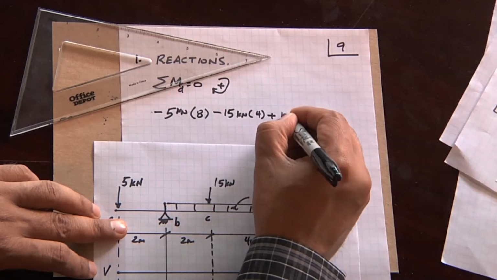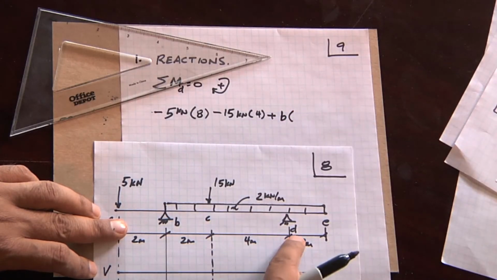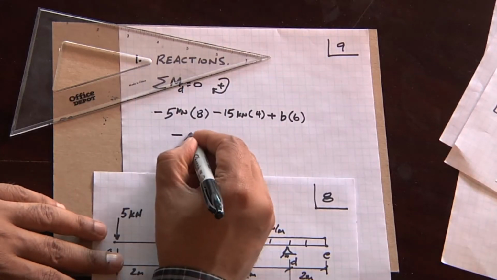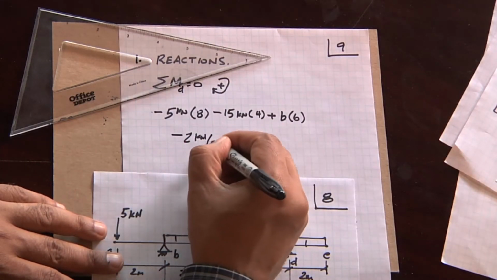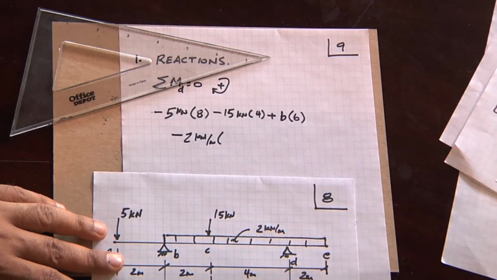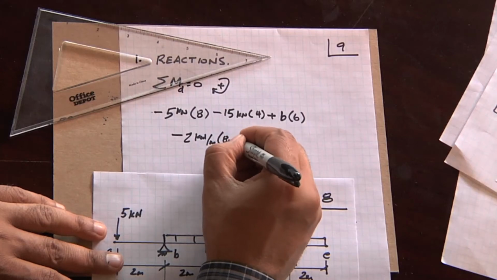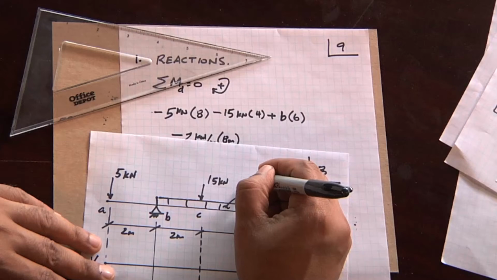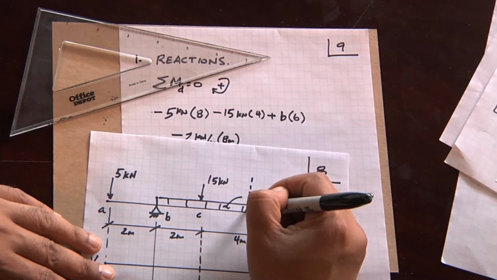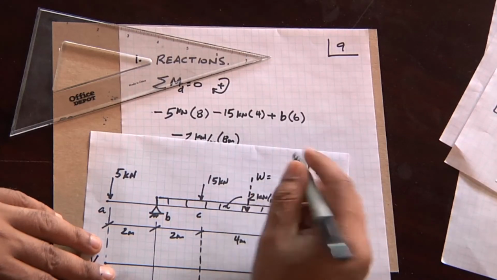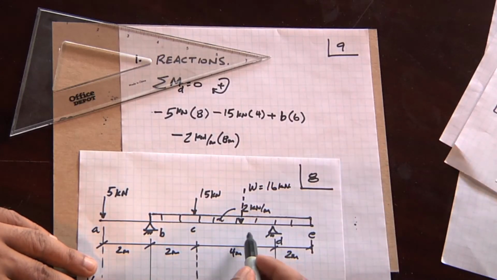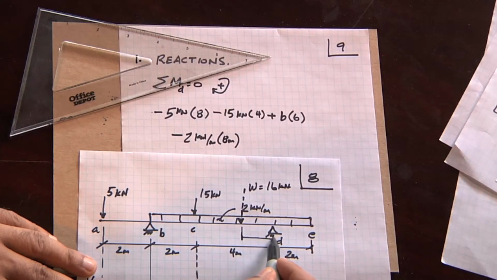Let's first do the reaction B. Reaction B times 6. And then the 2 kilonewtons, which is a uniform load, times its length, which is 2 plus 4 plus 2, that's 8 meters. We can simulate this as being at the center, so that's 2 times 8, that's 16 kilonewtons, times this distance to the reaction.